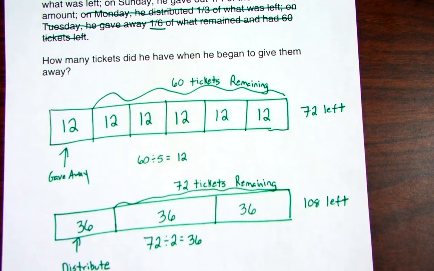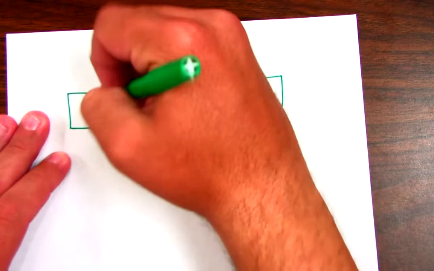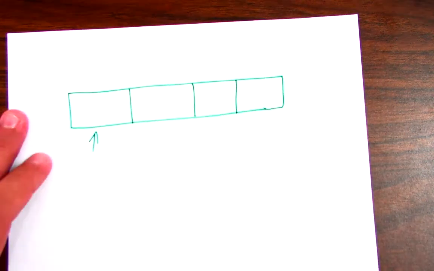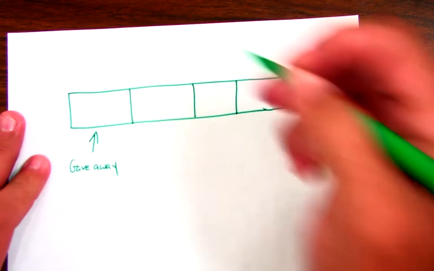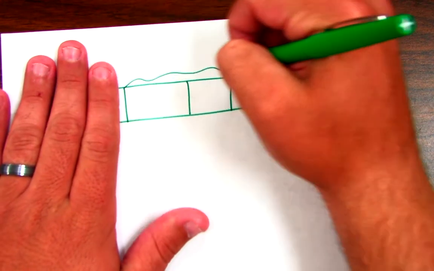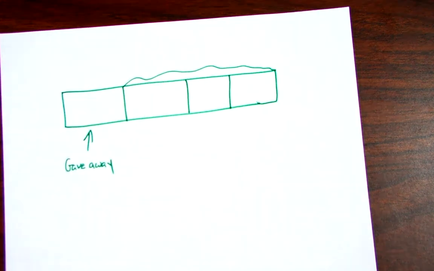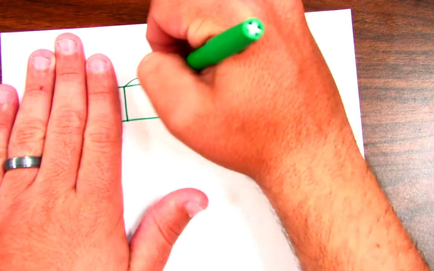Now, if we read, it says on Sunday he gave away a fourth of what was remaining. Again, he gave away one of the four. So that means these three of the four squares is how much is remaining. Well, how much was remaining after Monday? 108. So this is 108 tickets remaining.